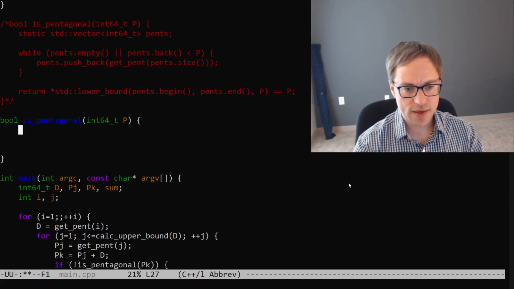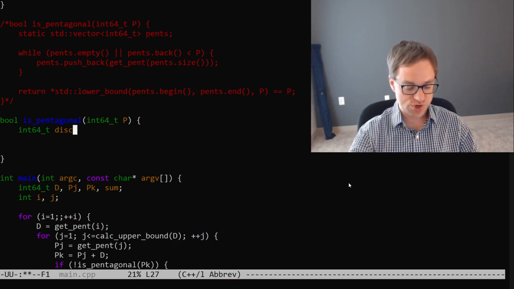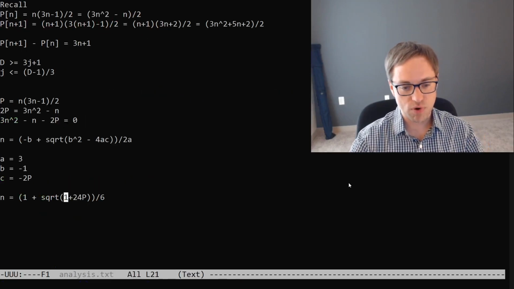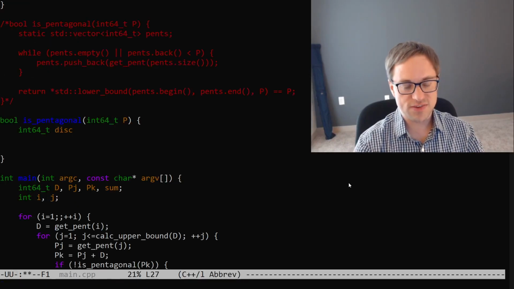So let's say int64_t disk. That's short for the discriminant, which is the fancy name for this value here, 1 plus 24p. That is the discriminant. And so we'll say disk is going to equal 1 plus 24 times p.